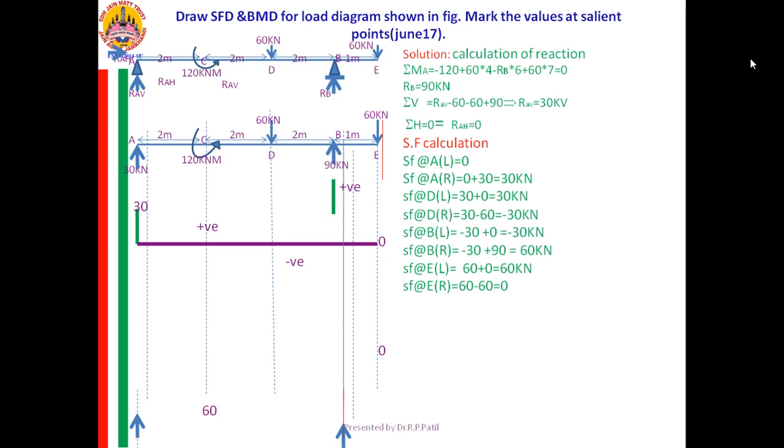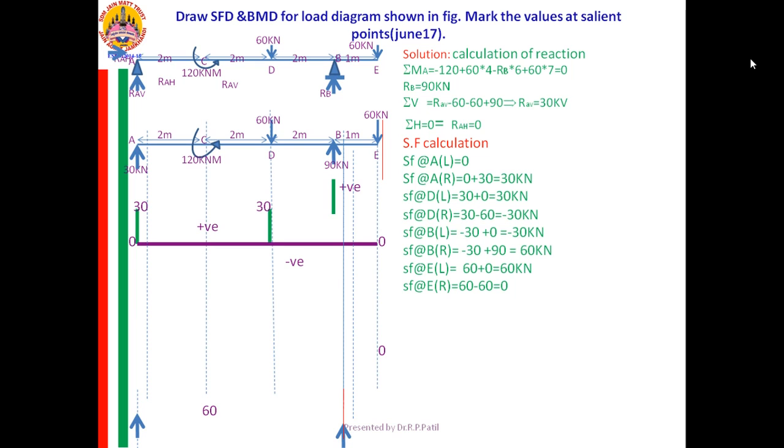Then I am going for SF at D left, it is plus 30. Therefore at D left I am drawing an ordinate of plus 30. Remember, the couple will not come in the calculation of the SF.